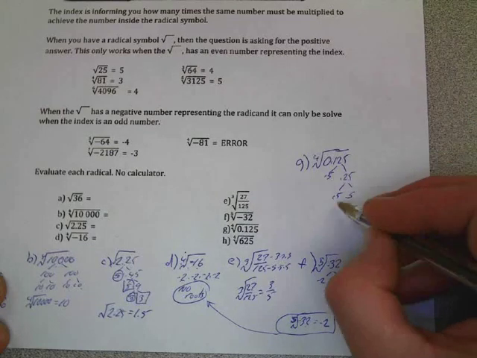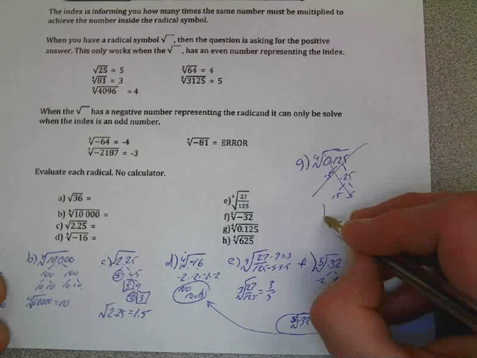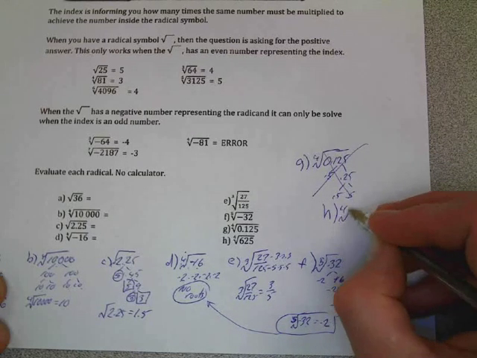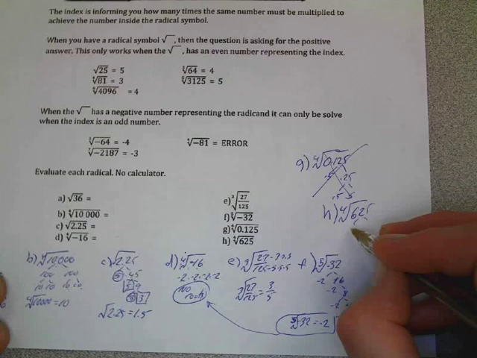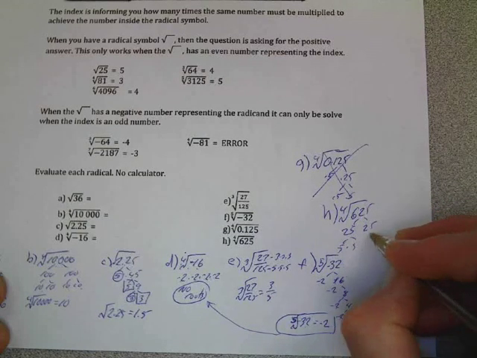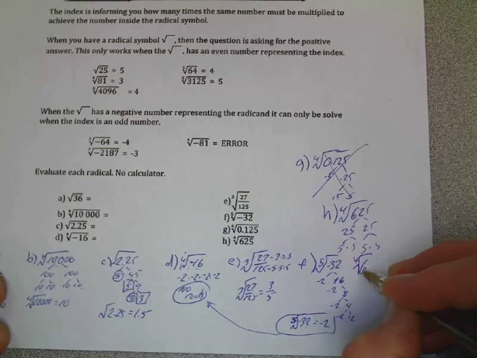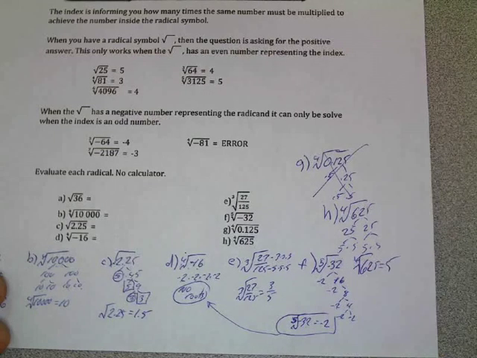So that's one we can't do off our head. That's an X. H, the fourth root of 625. 25 times 25, 5 times 5, and 5 times 5. So the fourth root of 625 is equal to 5.